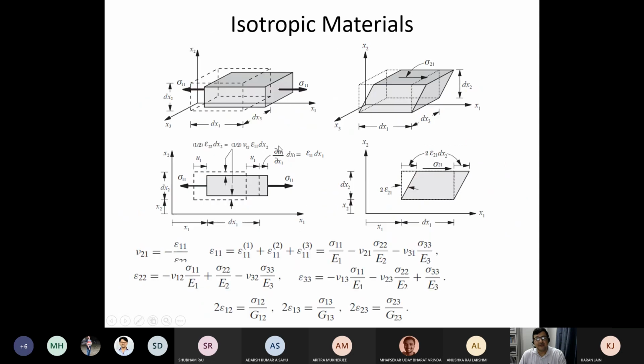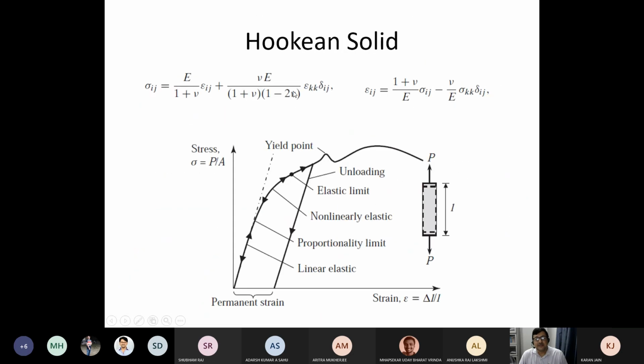And if nu is not equal to 0.5, what is the consequence? If nu equals 0.5, that means half, so this will become infinity. That means you have to make sure that this EKK is 0. You can see that there is a delta Ij term also, and this delta Ij term is associated with the pressure.